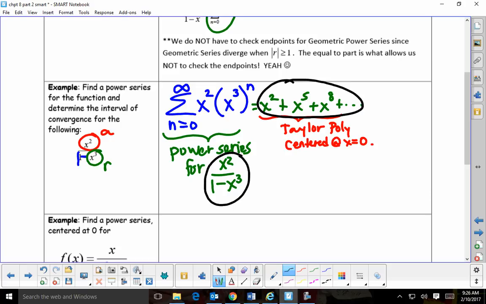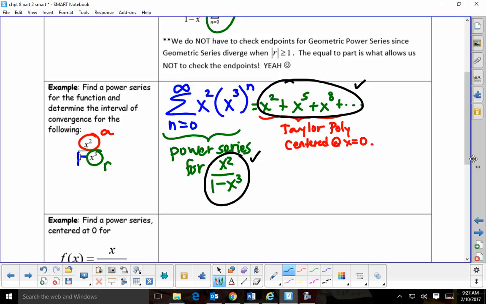Okay, so they're going to match over a certain interval, or maybe everywhere, which we saw, or maybe just at where we are centered. Those are my three possibilities. Okay, so that's what we're seeing. So when it says determine the interval of convergence, we're saying, where does this guy match this guy over what values of x's? Okay, that's the interval of convergence. So let's do that.